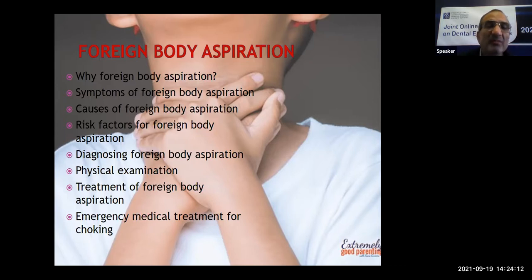We must know why foreign body aspiration happens: the symptoms, cause, risk factors, diagnosing the place of the material, physical examination, treatment, and emergency medical treatment of the child.